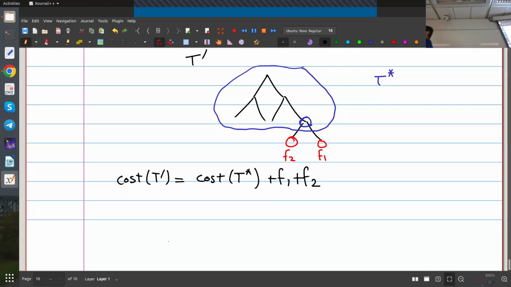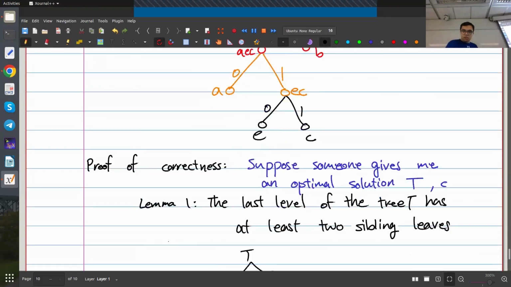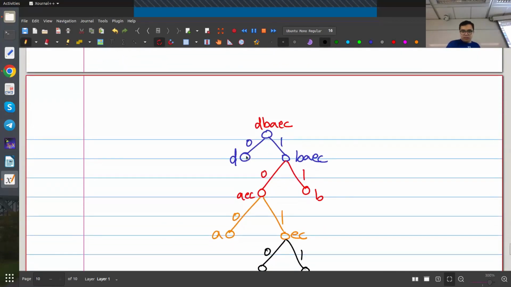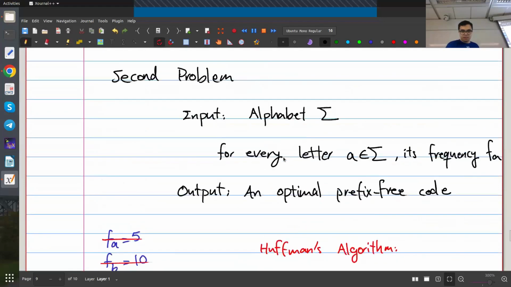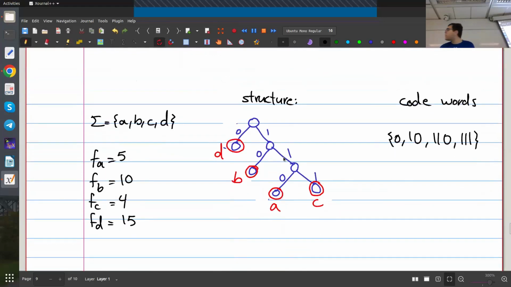Can you see why that's the case? Just think about how many times you're going to go over every node, right? So let's go back here. In this example, I want to print D 15 times.